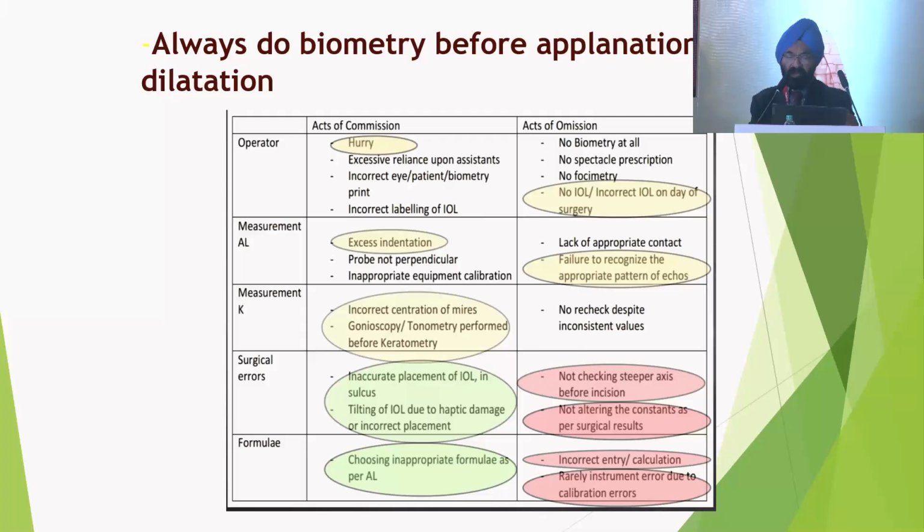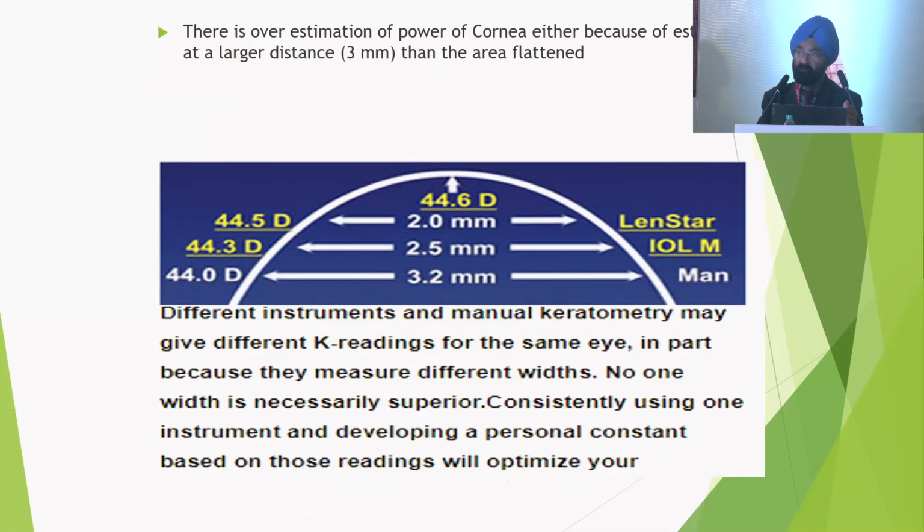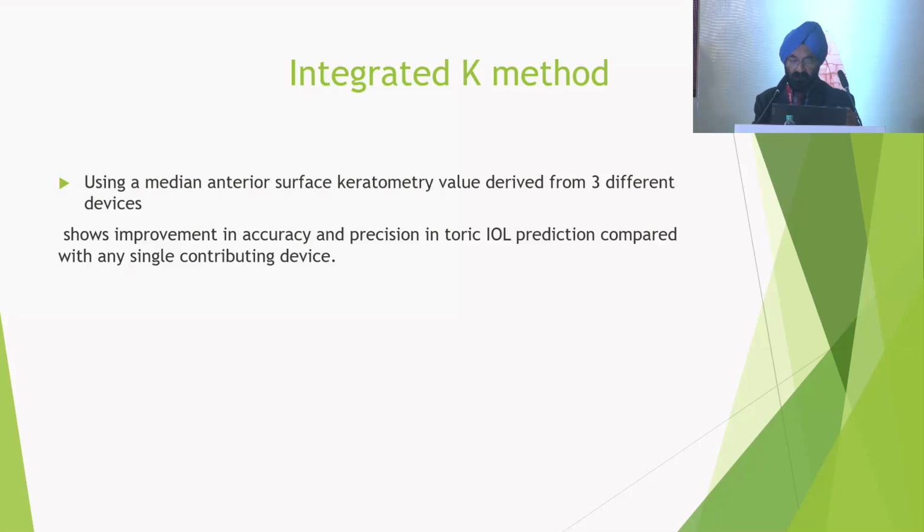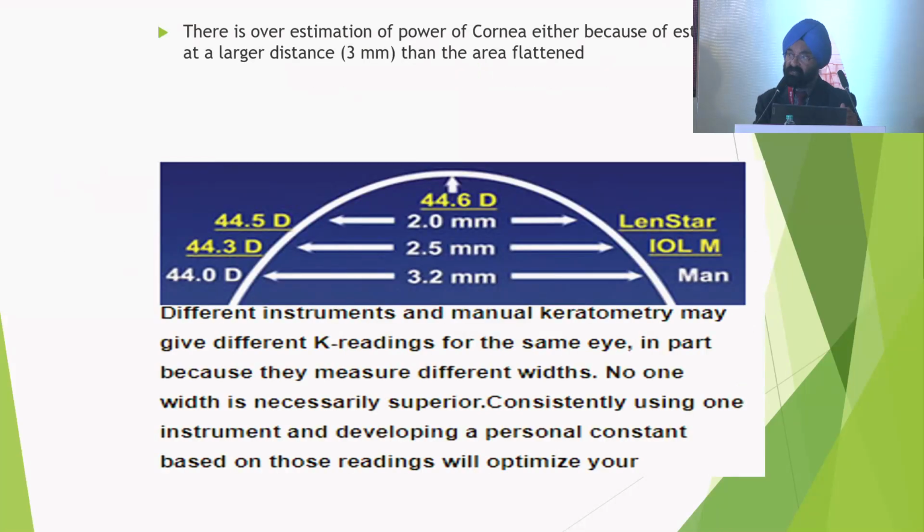Always, there are some acts of commission and omission which we should be careful about. Like if you're doing keratometry, you use appropriate formulas, inaccurate placement of IOLs, and acts of omission also have to be really given importance. Why do we get different readings with different keratometers?